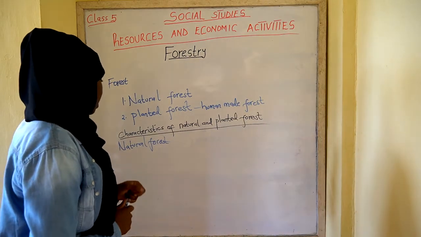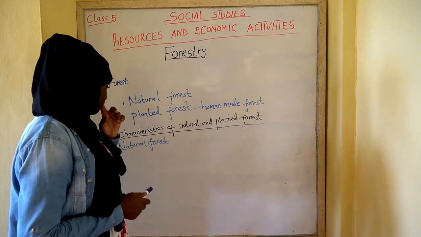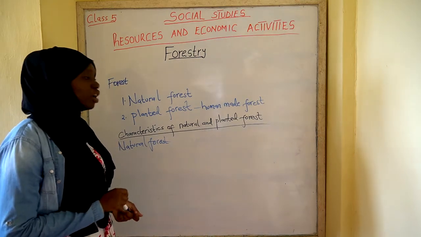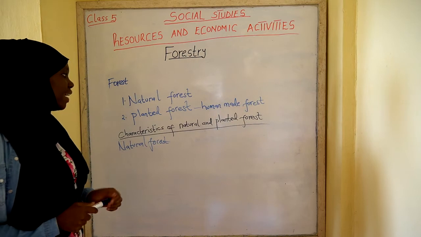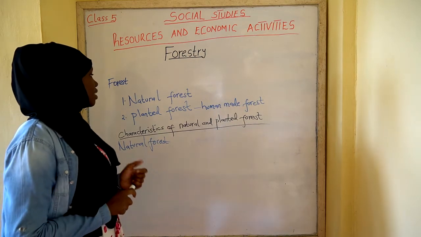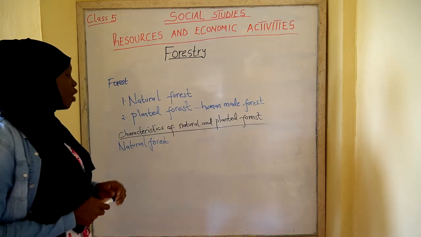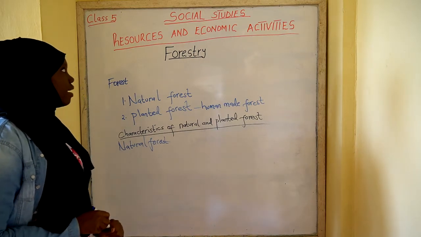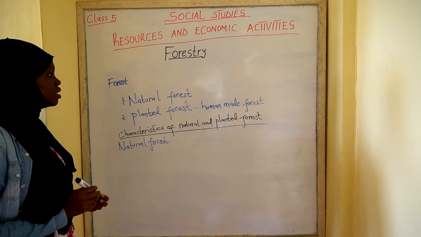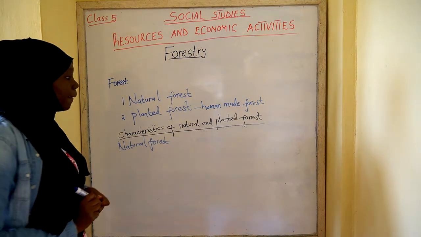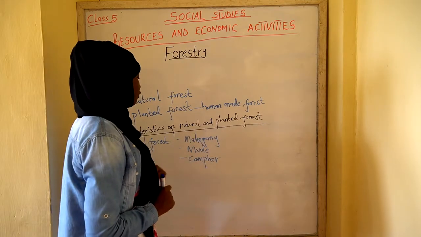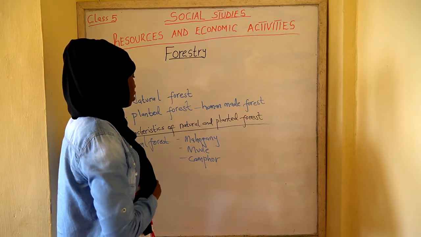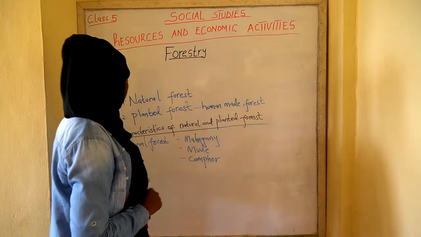The second point is that the trees in natural forest take a long time to mature. The third point is that most of the trees found in natural forest are hardwood. Examples of those hardwood trees are the mahogany, the pule, and the camphor. There are many examples, but these are just a few of them.